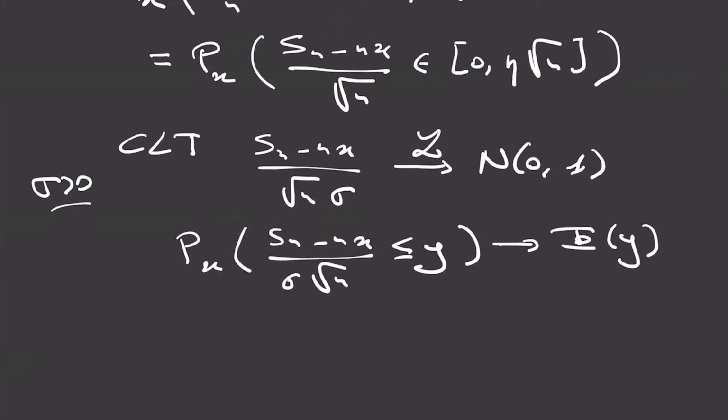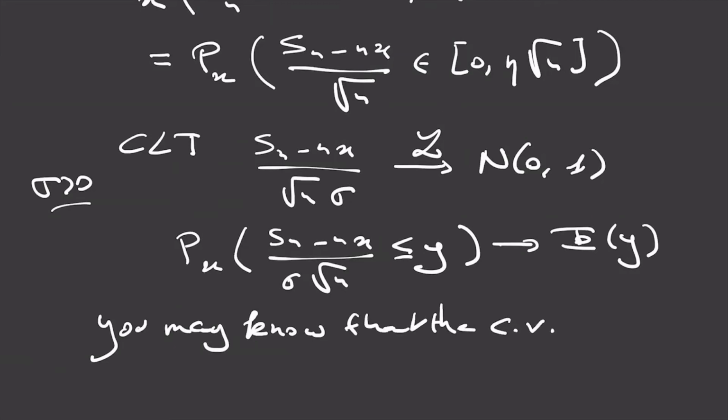And you may know that this convergence is uniform with respect to y. This is due to the fact that the distribution functions here are monotone. They go to some continuous limit, and it's exactly as in Dini's theorem.